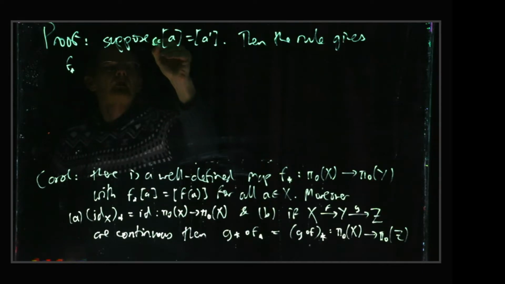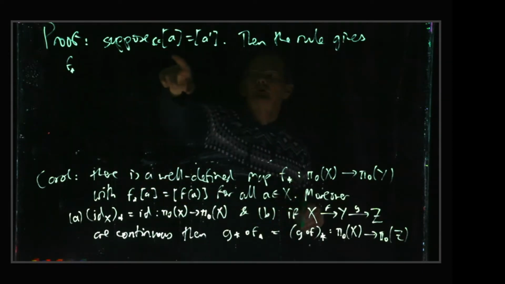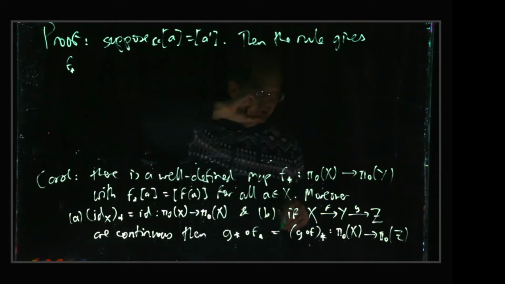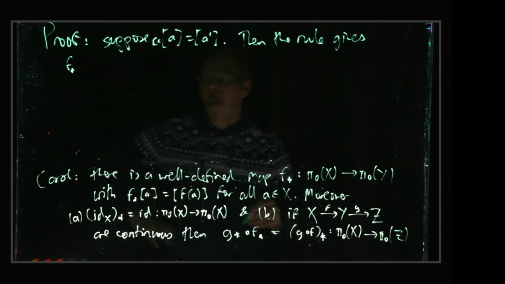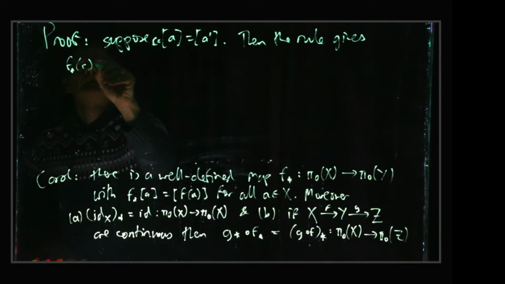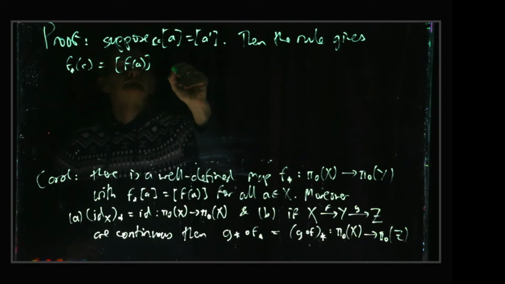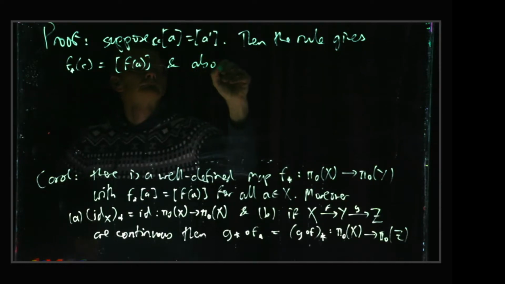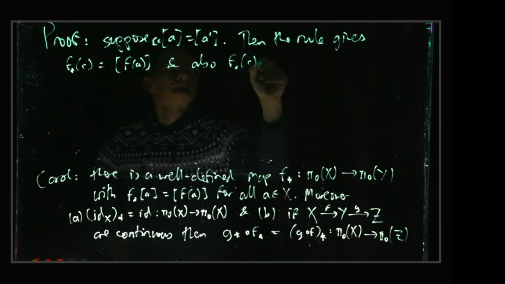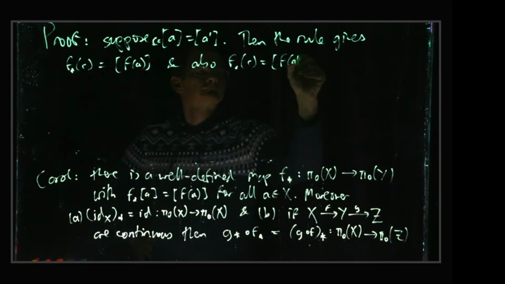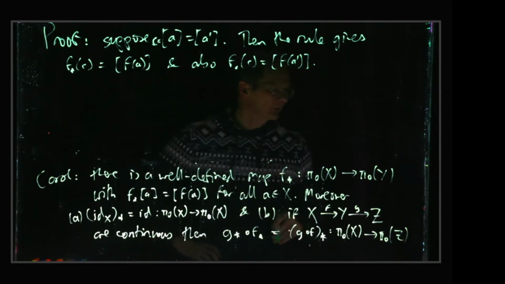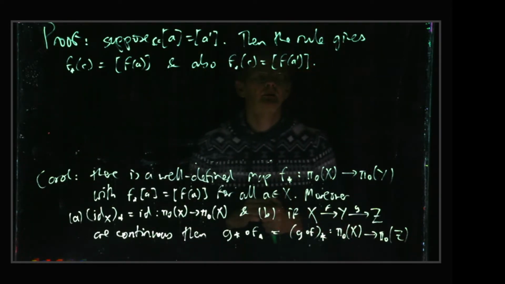Okay, so let's call this thing C. If we've got this C, which is a path component, and suppose it's equal to square bracket A and also equal to square bracket A prime, then we've got two different answers for what f lower star of C should be.